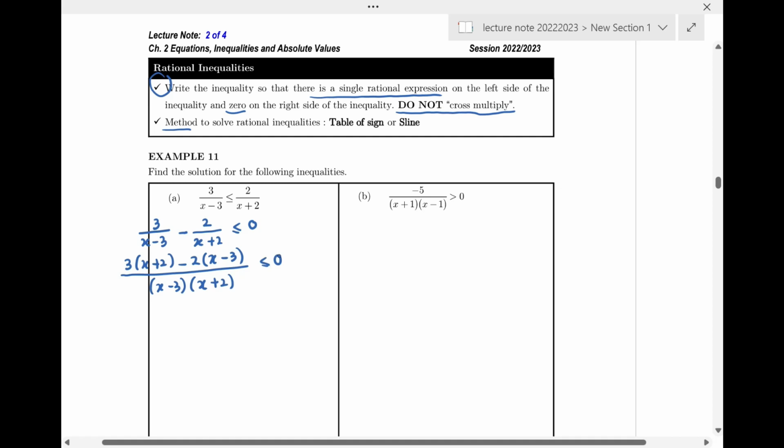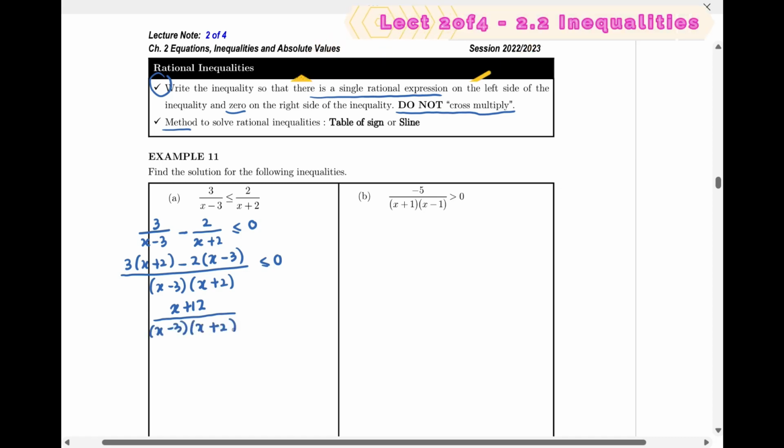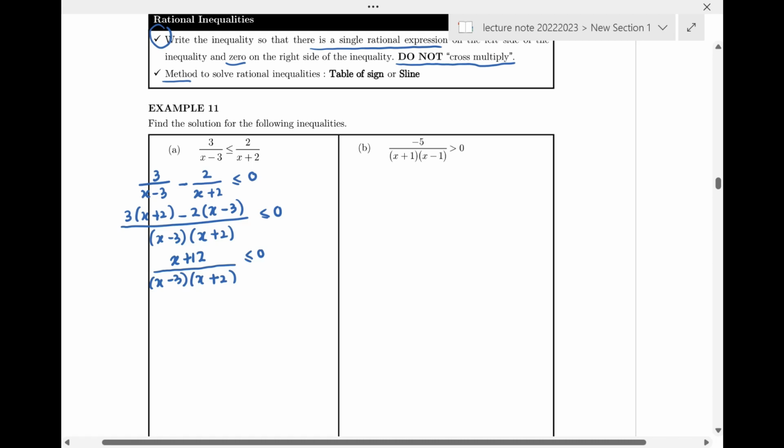And then simplify the numerator. So we will get x plus 12 in the numerator, and we'll still have x minus 3 and x plus 2 in the denominator. Don't expand it. We want it in factor form. Do not expand them.